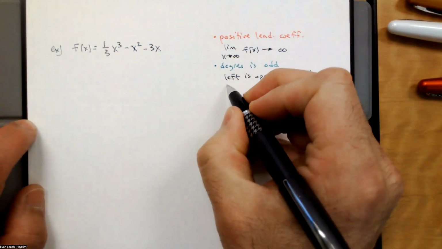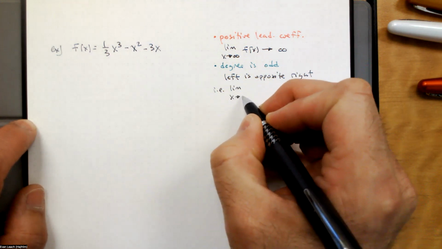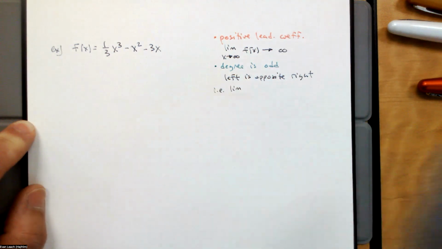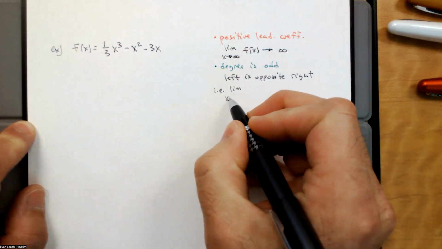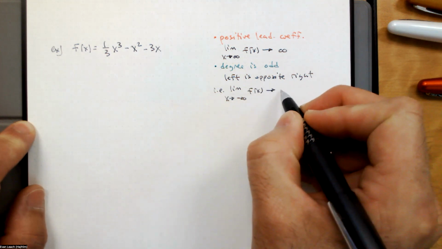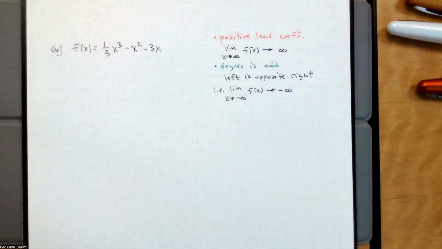We could say the limit as x goes towards negative infinity. And since the degree is 3, this graph can make either 2 or 0 turns.